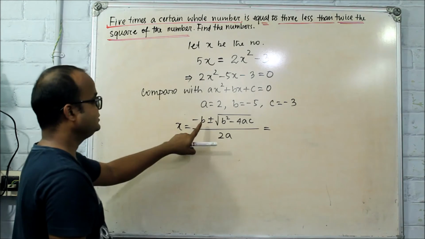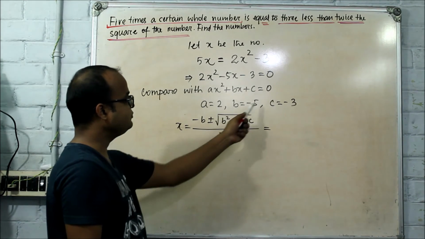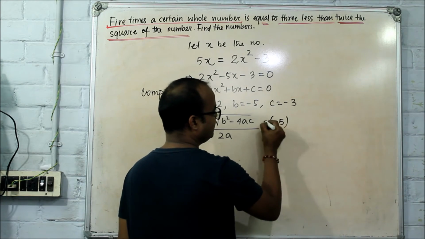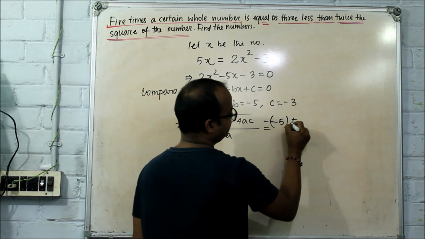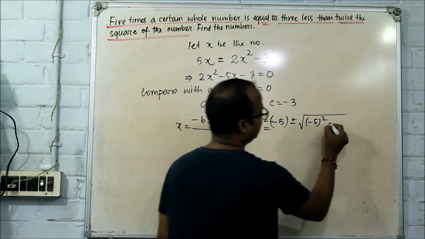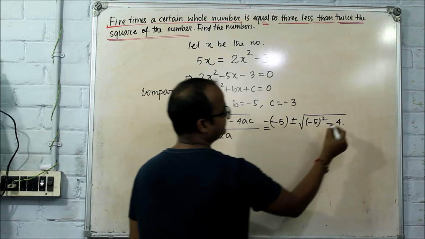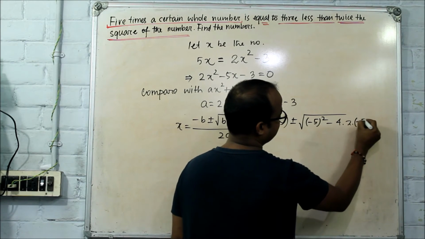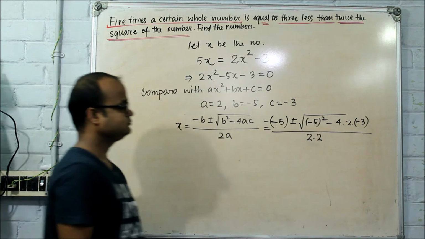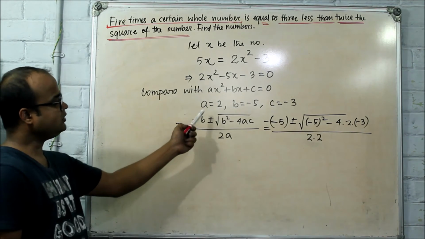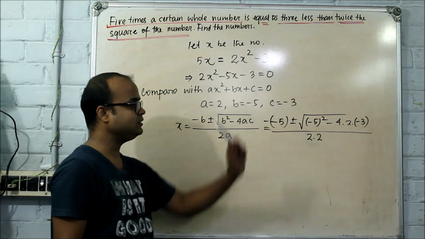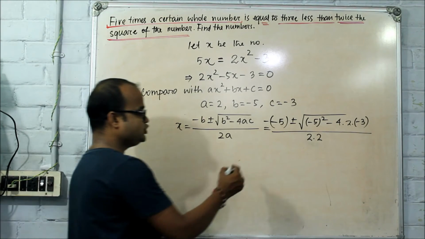So minus b, that is minus of minus 5, plus minus square root of b square, that is minus 5 square, minus 4 into a into c, by 2 into a. In the formula, I substitute all the values of a, b and c at their respective positions.